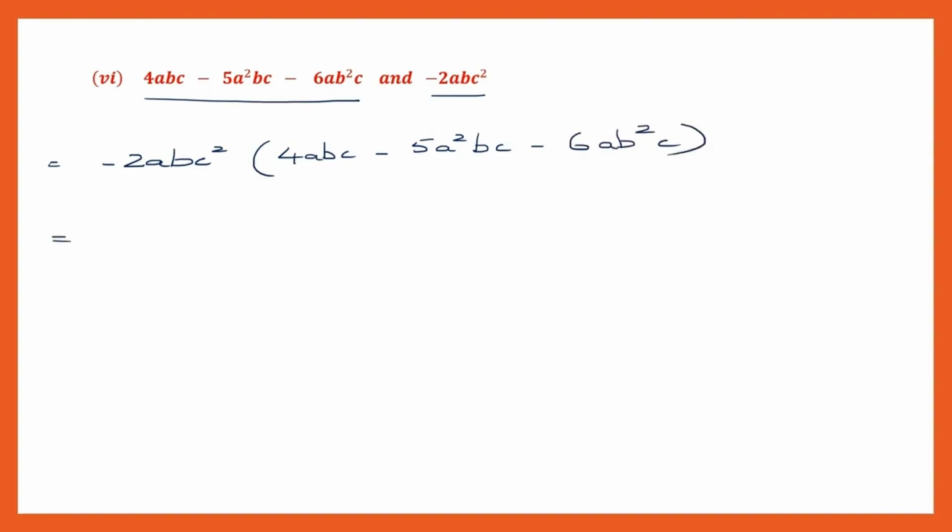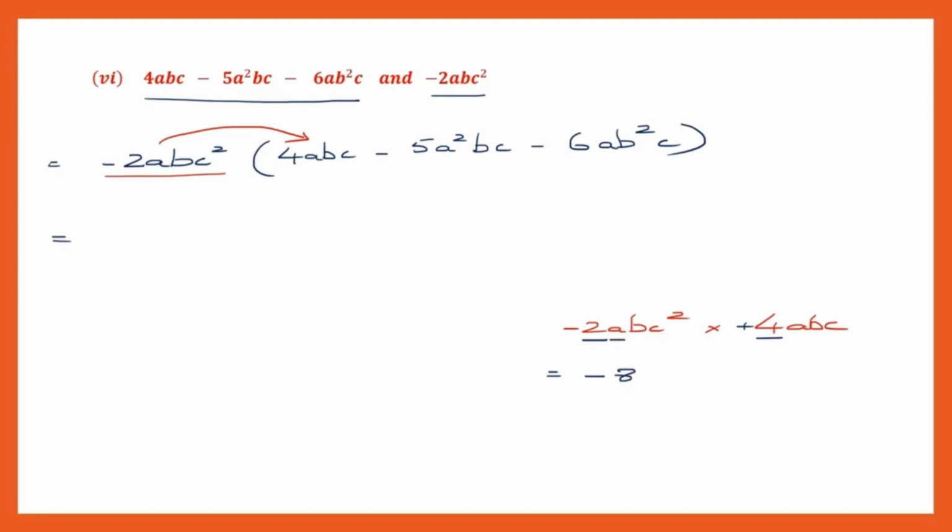So now first let's begin with the first term. Here the monomial and the first term. So that is minus 2abc square into 4abc. So here signs are different, isn't it? Here it is minus and there it's plus. So minus into plus is minus. Now multiply the numbers. 2 4s are 8.